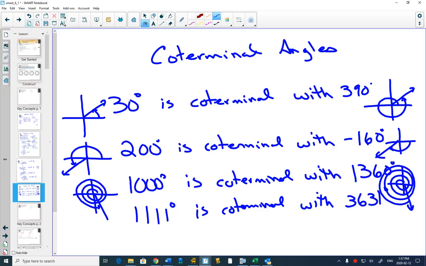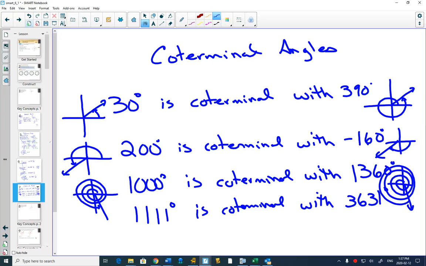What does it mean when they're coterminal? I'm not going to draw 3,631, otherwise you might get hypnotized. What does it mean if things are coterminal? What do you notice about 390 and 30? 200 and negative 160?